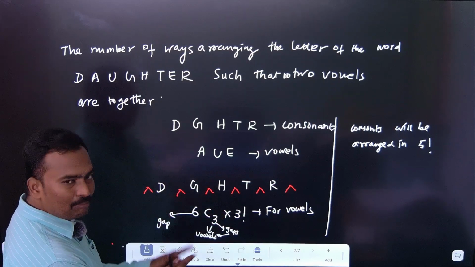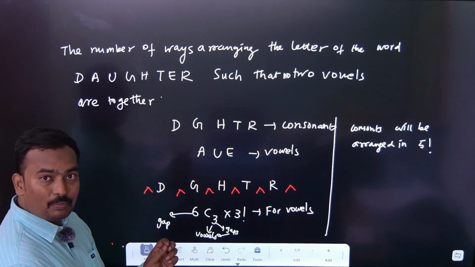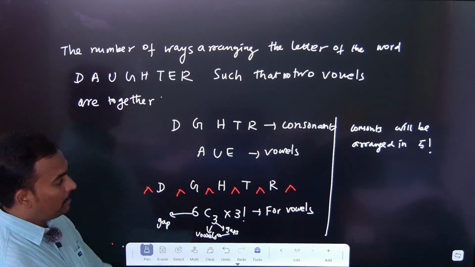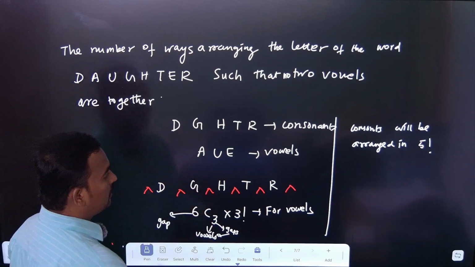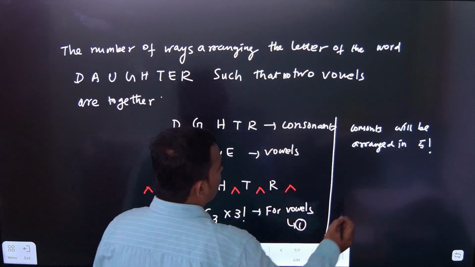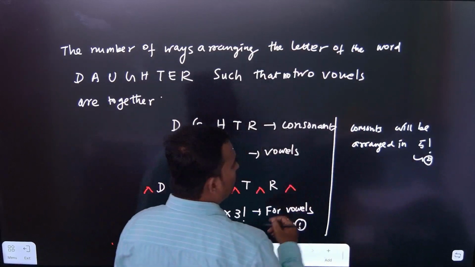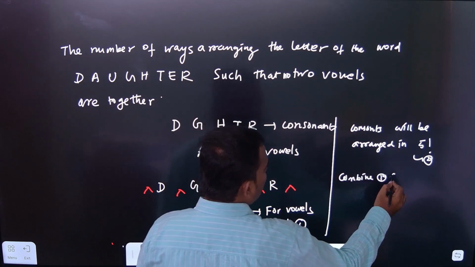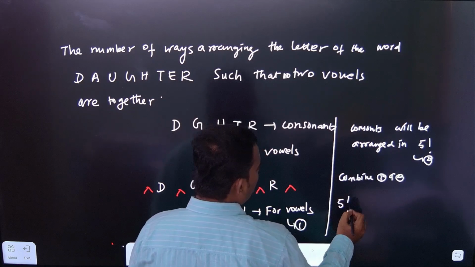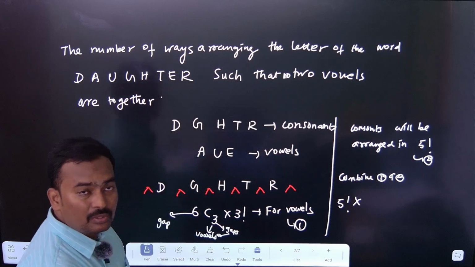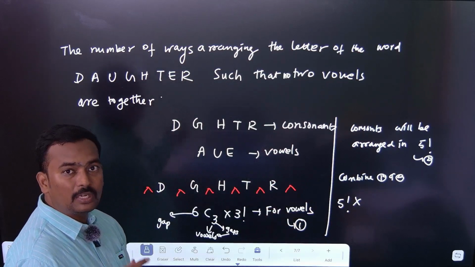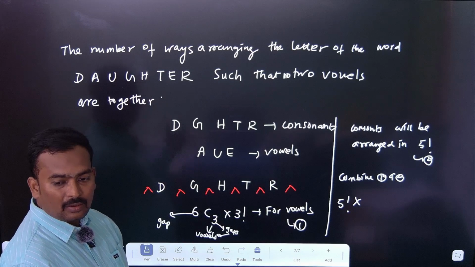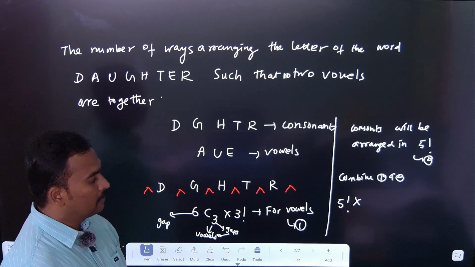You have to combine these because we need both to happen at the same time. That means you need to AND. So this is the first one, this is the second one. Combining them, we get 5 factorial into 6C3 into 3 factorial. Why multiplication? Because of the multiplication principle of counting; we need all of this at the same time.